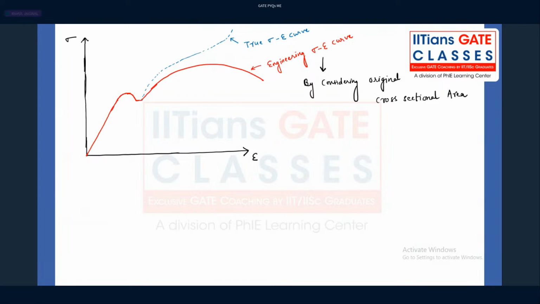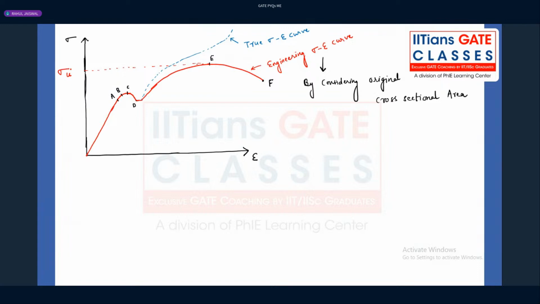Coming to the points, if I mark the points, we have point A, then point B, then C, D, and then point E, for example, then point F. The point E corresponds to the ultimate stress, the ultimate strength.